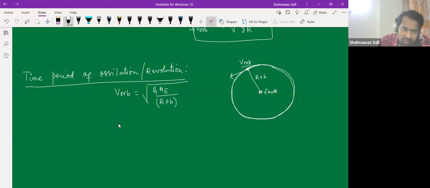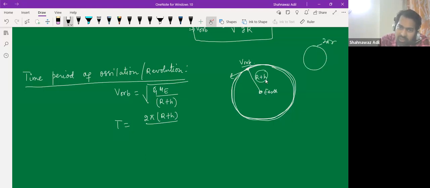Then the time t would be the total distance divided by the velocity. The distance covered is 2 pi r, and in our case r is r plus h.